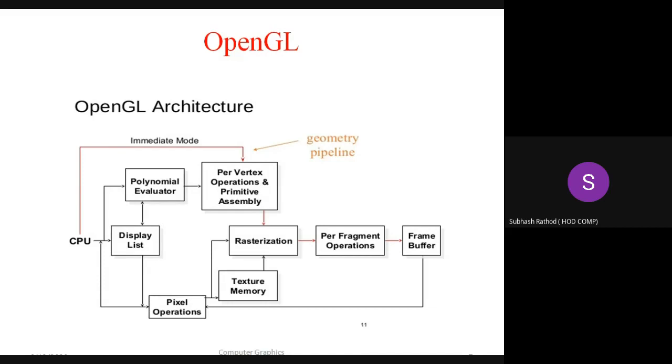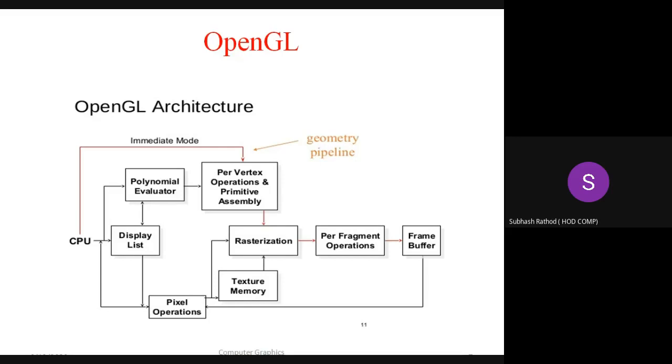When we proceed to the actual implementation, you will come to know the importance of the vertex and how we can call a vertex in programming. You will come to know that in the next lecture also, when we start the practical. So the evaluator allows you to specify the polynomial function of one or two variables, which may be used to determine the primitive's vertex coordinates, normal coordinates and texture coordinates.